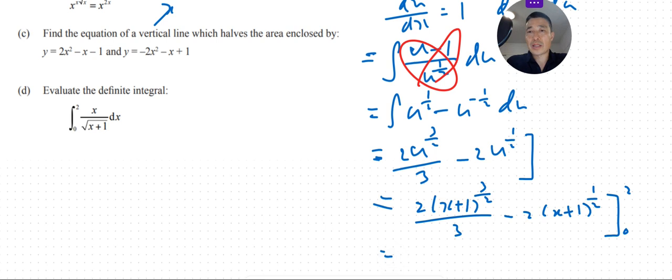If we calculate that, that's 2 times 3 to the power of 3 over 2 over 3, right? Minus 2 times 3 to the power of half, yeah?